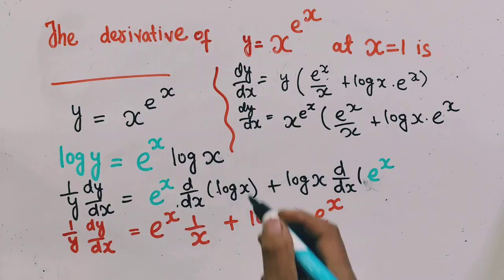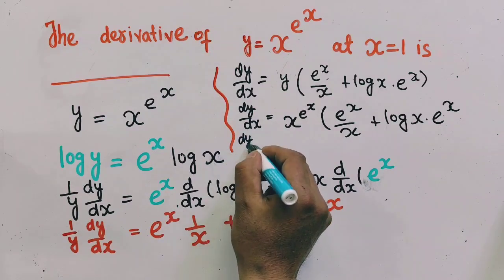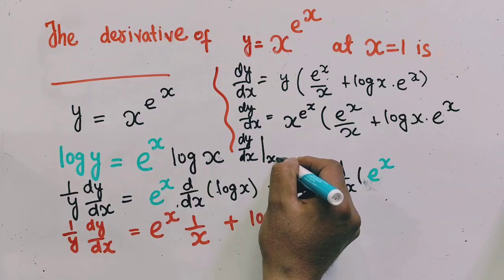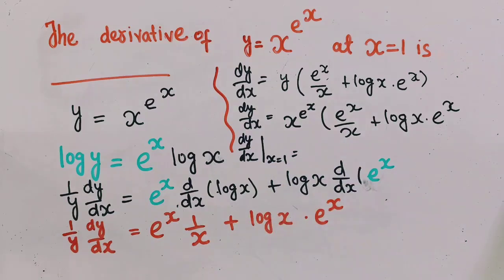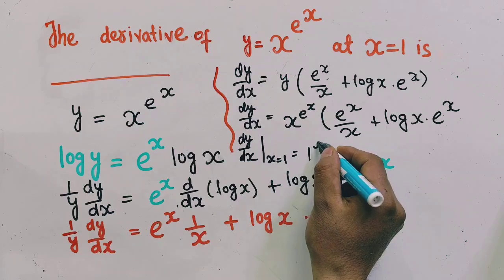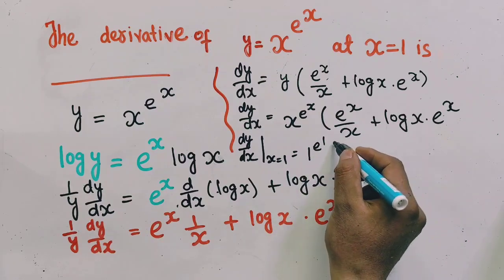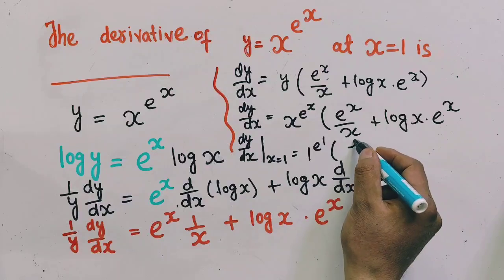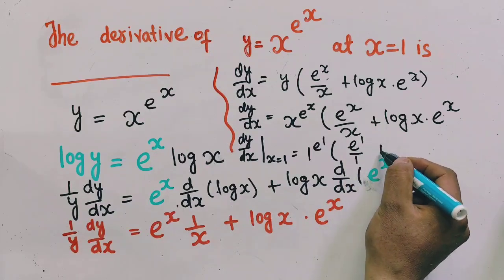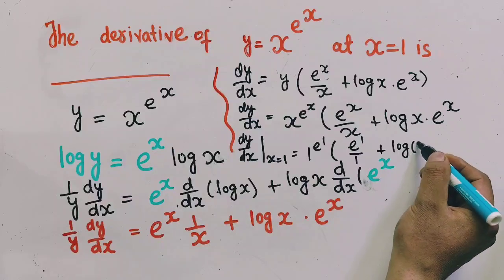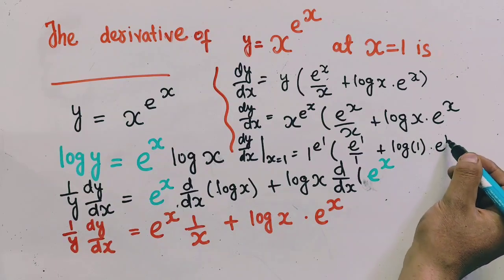Okay, but we need to find the derivative dy upon dx when x is equal to 1. Plug the value x is equal to 1 here, so we have 1 raised power e raised power 1, then we have times e raised power 1 divided by 1 plus log of 1 times e raised power 1.